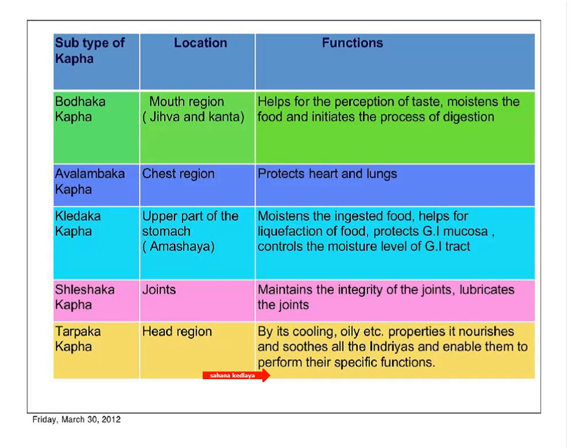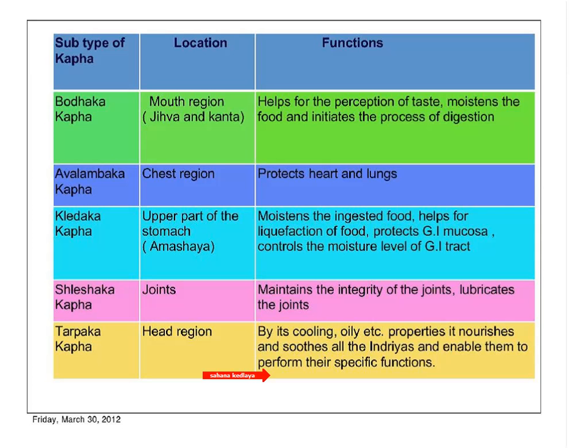One subtype of Pitta, the Sadhaka Pitta, is related with the processing of the emotions and proper functioning of the sense organs. So this Tarpaka Kapha, along with the Pranavata and the Sadhaka Pitta, helps for the proper functioning of the sense organs, and also it lubricates the eye, nose, mouth, and ear in the head and neck area.